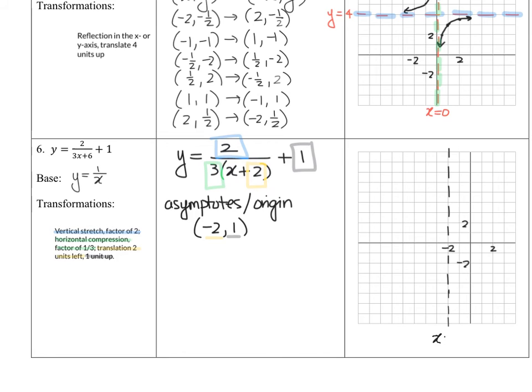This is at x equals -2 for our 2 units to the left. And then this is going to be our y equals 1 for 1 unit up.